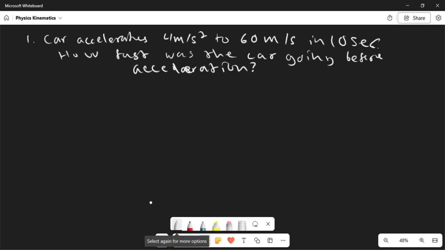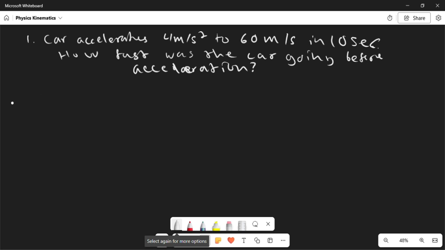So, if a car is accelerating at 4 meters per second squared to a final velocity of 60 meters per second in 10 seconds, what equation are we going to use for this? Well, we have to find our variables.